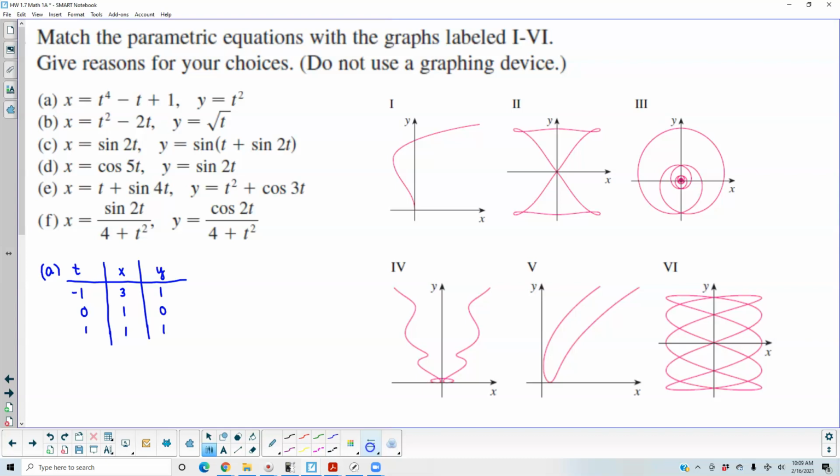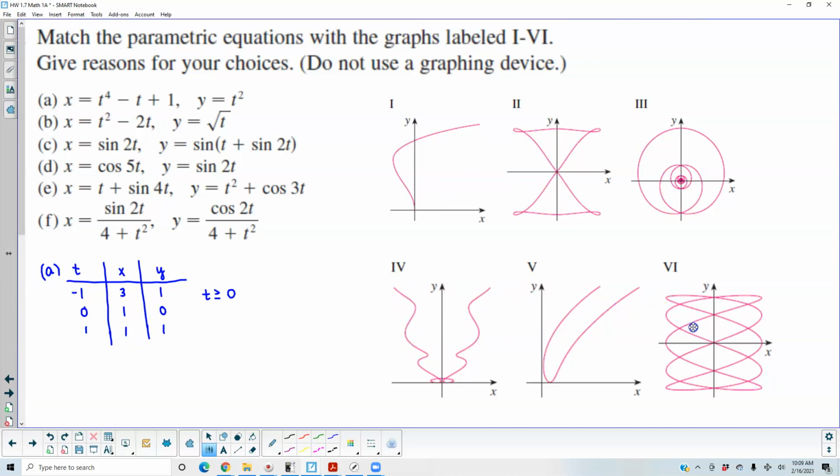So if we take a look at this, in this scenario, we know that t is greater than or equal to 0, which means we're not going to have anything on the negative side. And if you look at our graphs here, we can see that there are values on the negative side of the graph. Same thing with 3, same thing with 4.